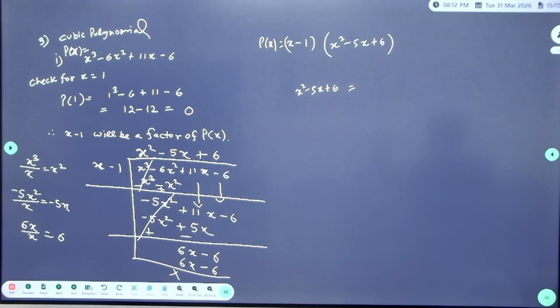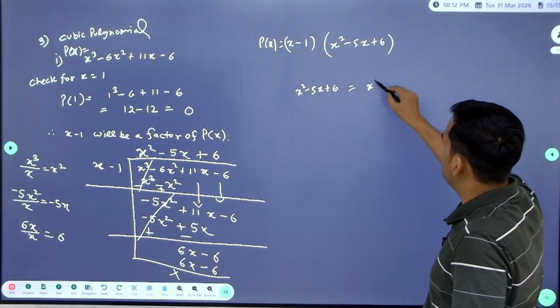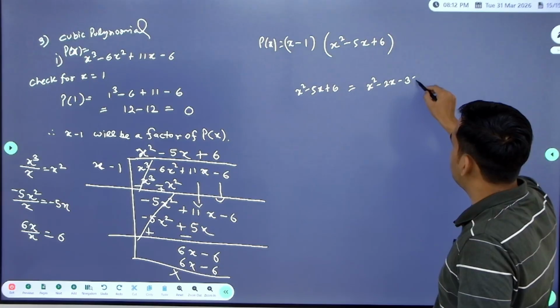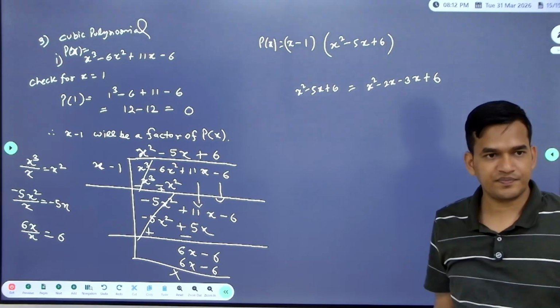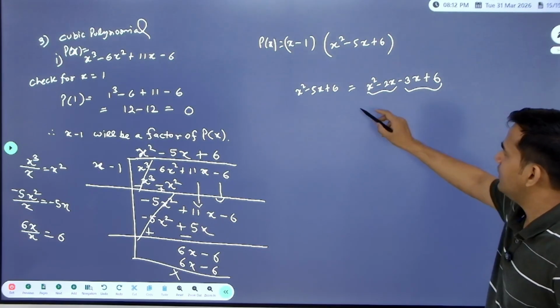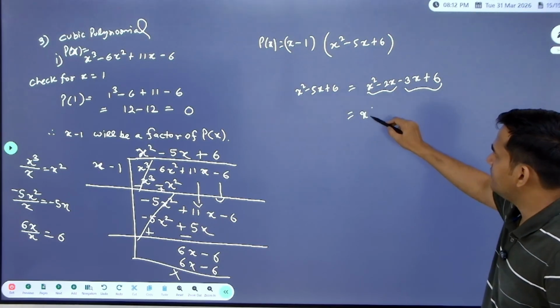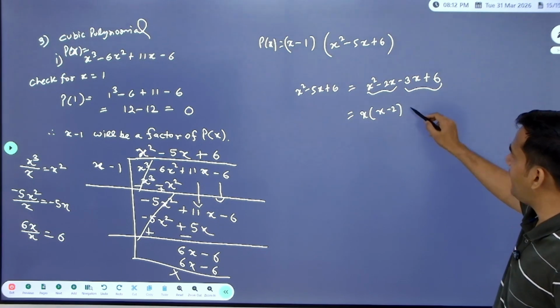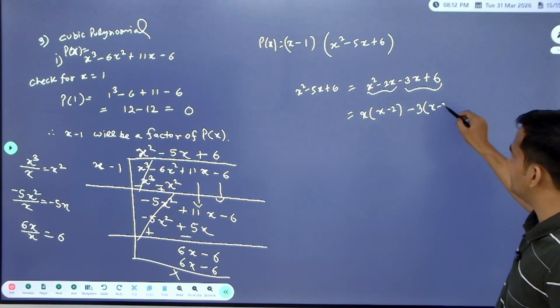Factors of 6: 3 and 2. So x square minus 2x minus 3x plus 6. Then grouping these two and these two. In these two x is common, x minus 2. In these two minus 3 is common, x minus 2.